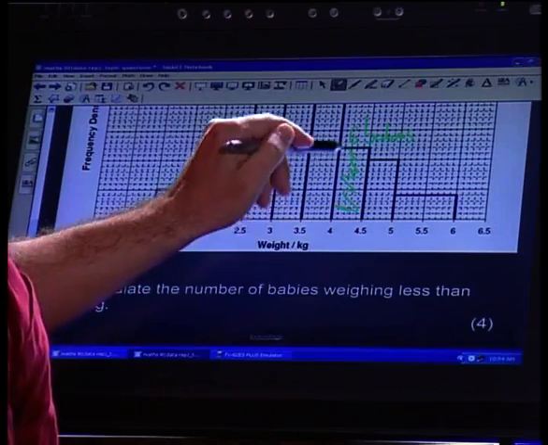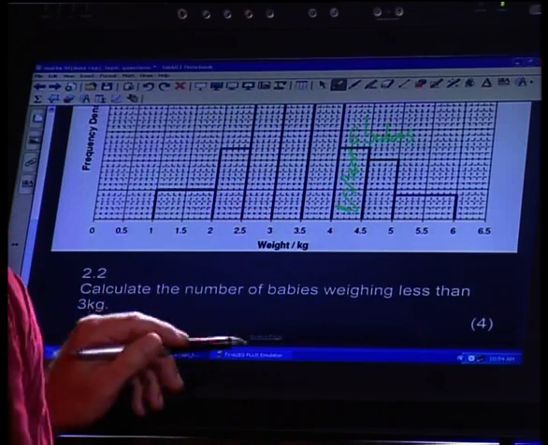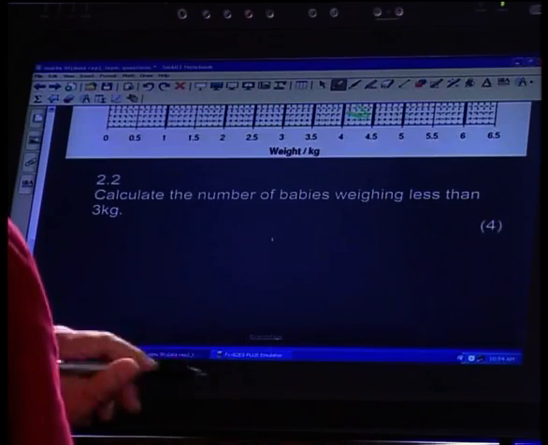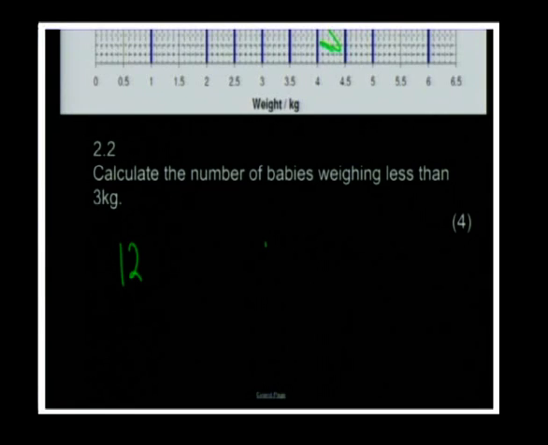And 12 blocks are representing 6 babies. So on my page here, I'm going to write 12 units equals 6 babies. Therefore, what does 1 unit equal?